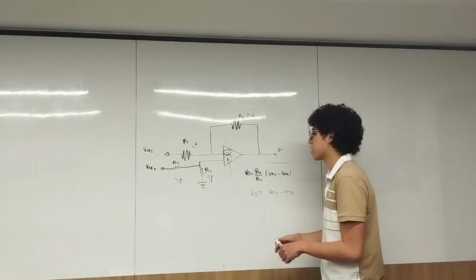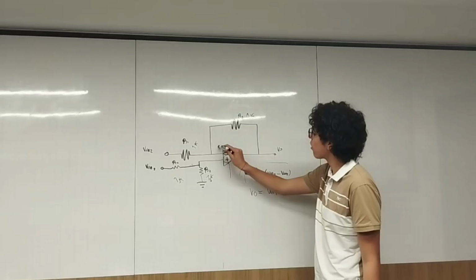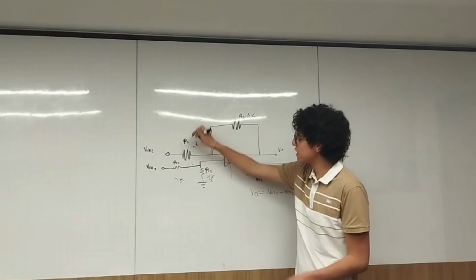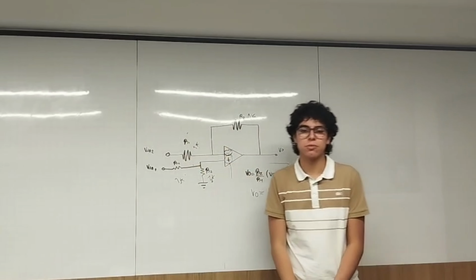Something important that you must know is that these two resistors, the one in the loop and the one to the ground, are going to be the same, and these two are going to be the same too.